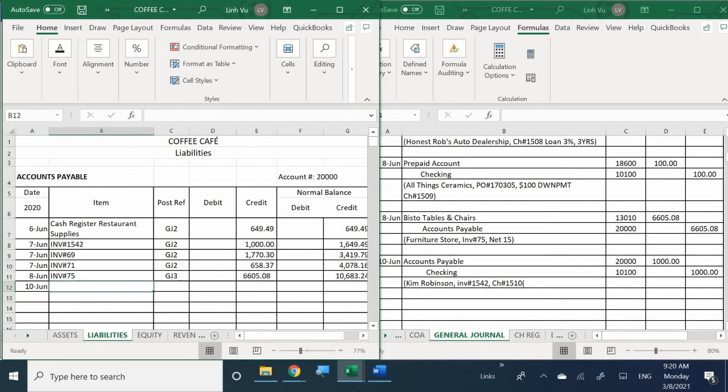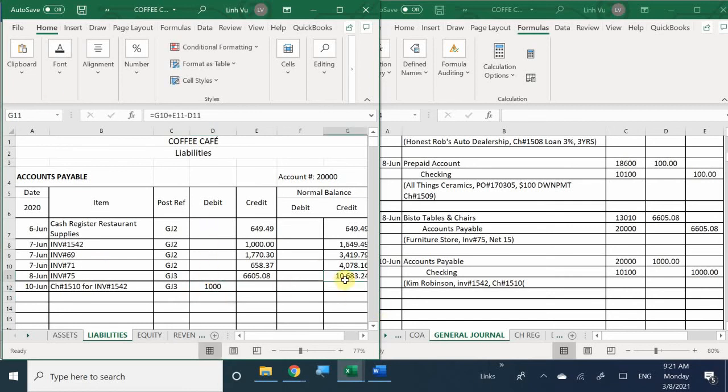And then here you can go ahead and write check number 1510 for invoice number 1542. So here in my log right now, I entered that I owe 1542, right? Now I wrote that I have a check for the 1542. Okay. General journal number 3, so I can just copy that right from above. And this time I'm decreasing my amount by $1,000. Okay, so I write $1,000.